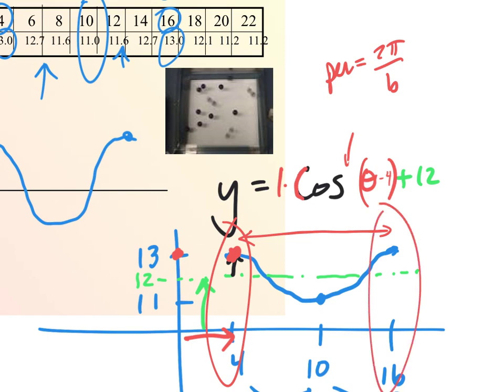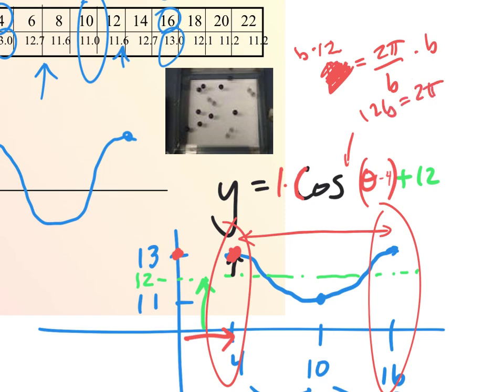Its complete cycle took how long? 16 minus the 4 is 12. Its period was 12. Now that I know its period was 12, do you get that I can solve for B? If 12 equals 2 pi over B, I can solve for B. I'm going to multiply both sides by B, and I get 12B equals 2 pi.